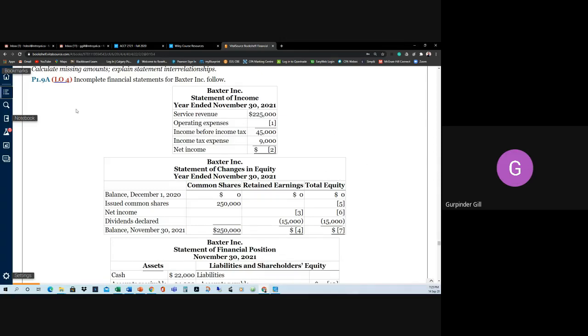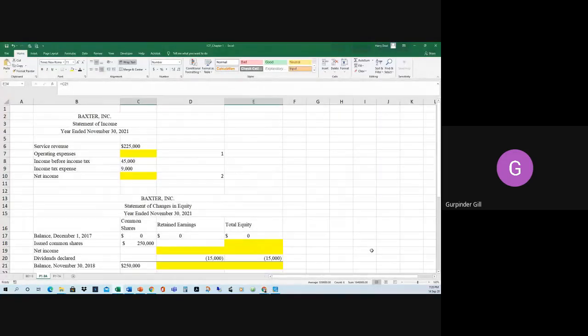All right. So this is what we are looking at, P1-9A. This is incomplete financial information, so we are figuring out the missing pieces here. All I did was bring that information into the Excel so that we can start working on that. Name of the corporation, name of the financial statement, and the period it is representing. Now we have 3 financial statements.